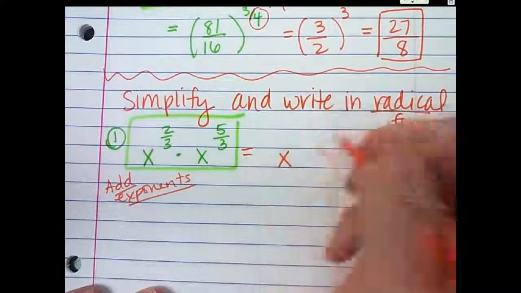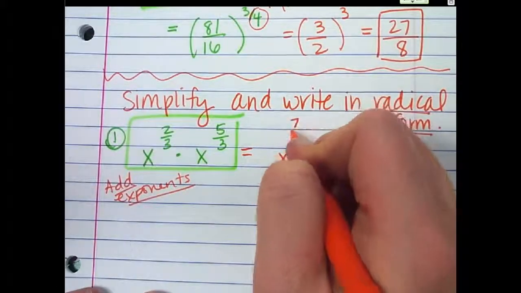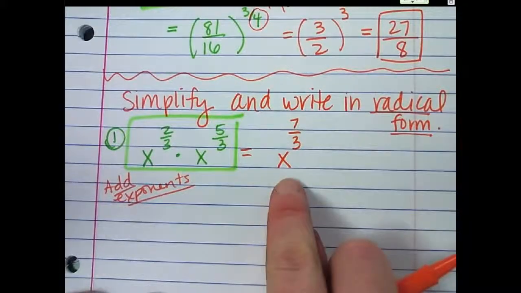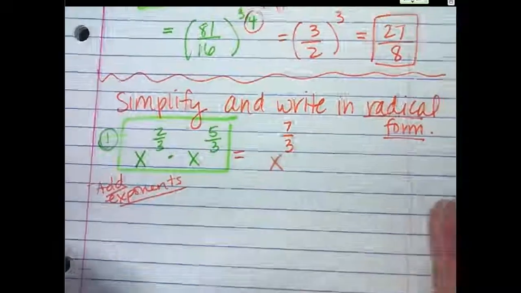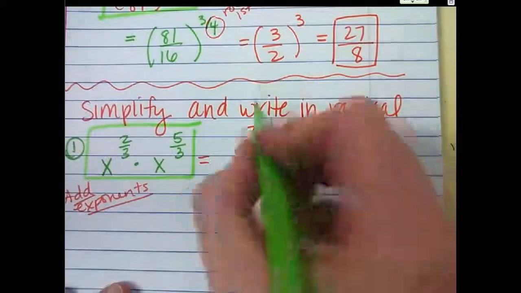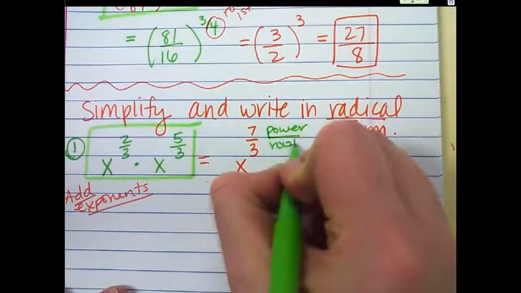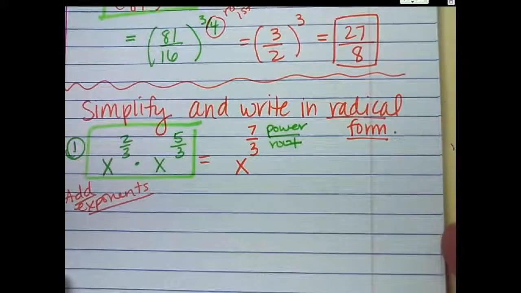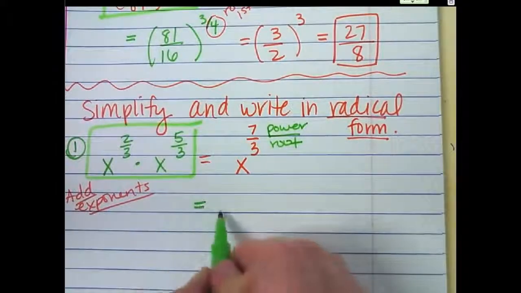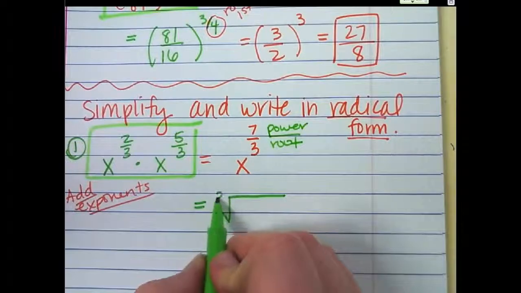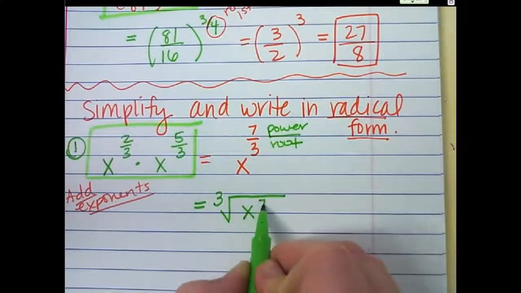So x to the what? 7/3. Is this radical form? No, it's not. Okay, same thing as we just did, it's just there's no numbers. Power over root. So I'm going to rewrite it. Cube root of x to the 7.